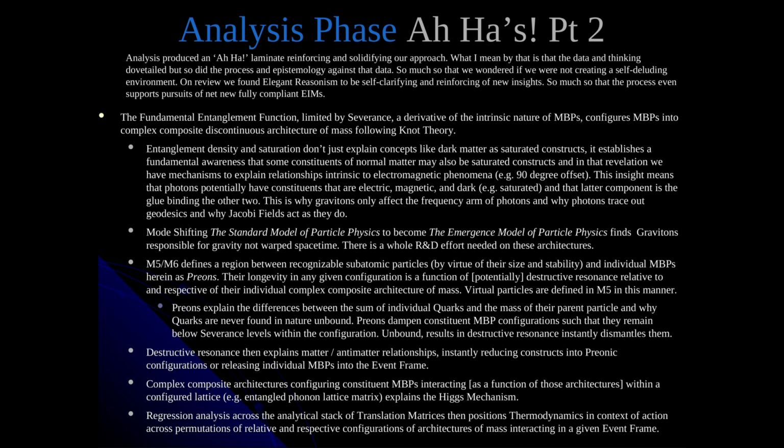What I mean by that is that it wasn't just the dovetailing of the data and the thinking within a given EIM that motivated us, though that helped, but the very processes that we were using, the emergence model general process flow and the decision checkpoint flowchart, against that set of data, it reinforced that that was the appropriate manner in which to go about looking at all this stuff. And together, holistically, that's what produced that laminate layer.